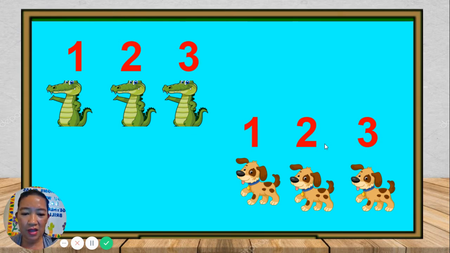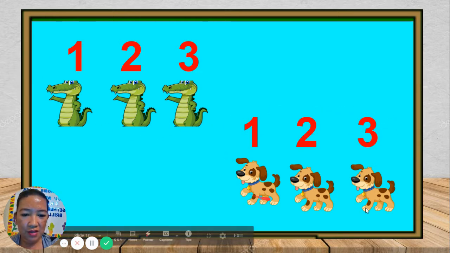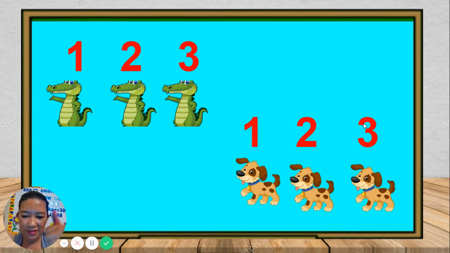Now look at the alligators and the dogs here. We've got 3 alligators and then we've got 3 dogs here too. Are they the same in number? Give me thumbs up. Yes, that's right. They are the same in number. Are they alike in number? Yes, they are alike in number as well.